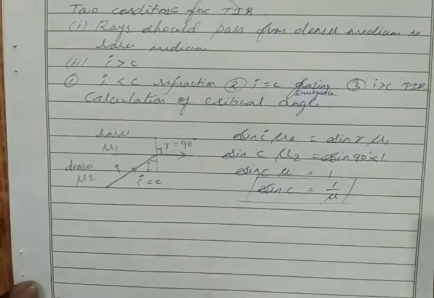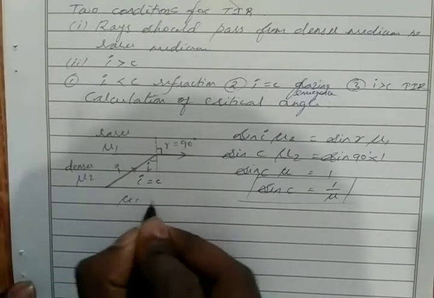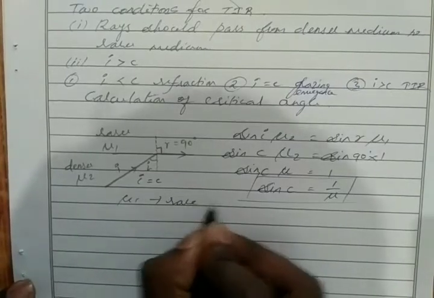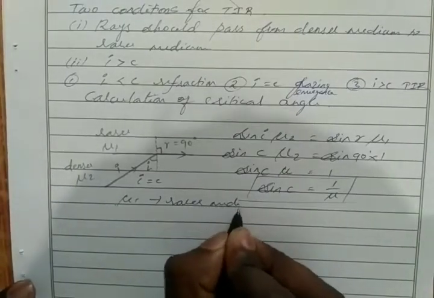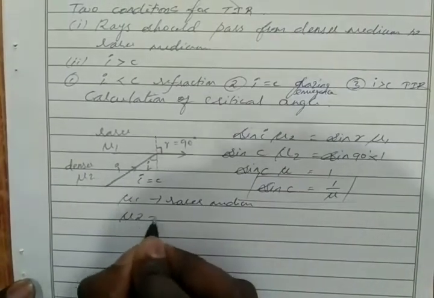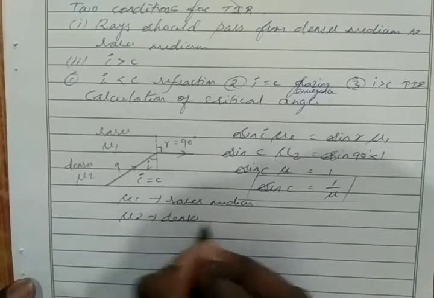So our mu1 should be rarer medium, then mu2 should be denser medium.